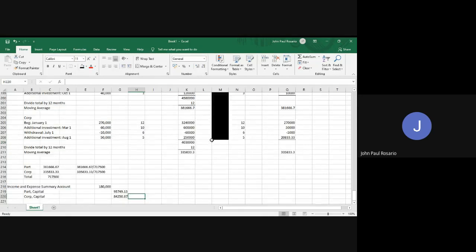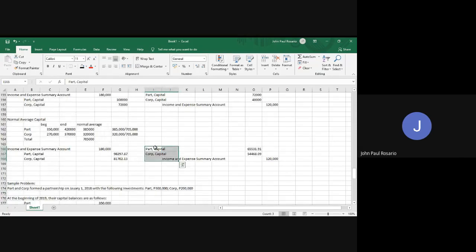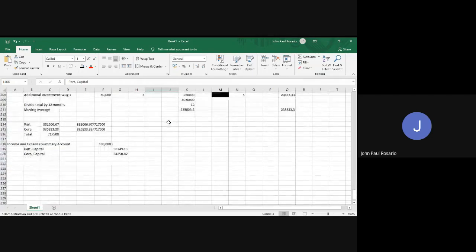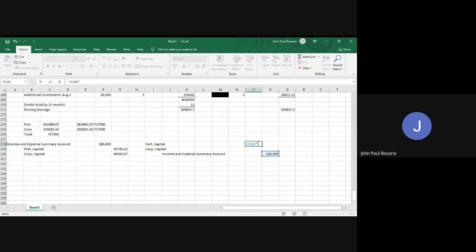80,000. Now, if it's a loss, the pro forma entry is this one. Debit the capital accounts and then credit the income and expense summary account. So we have 120,000 here for the loss. Then Part's share of the loss is 120 times 381,666.67 divided by 717,500.